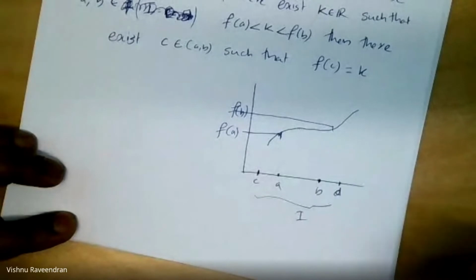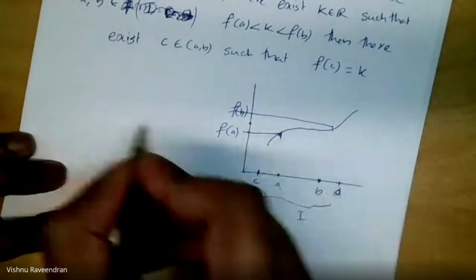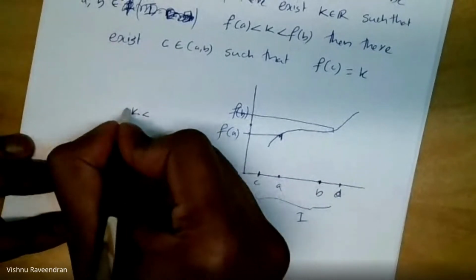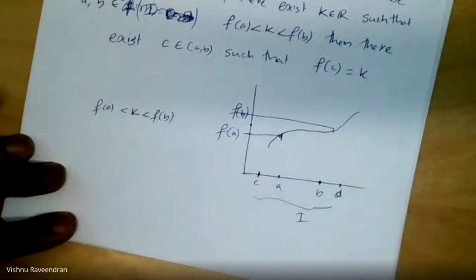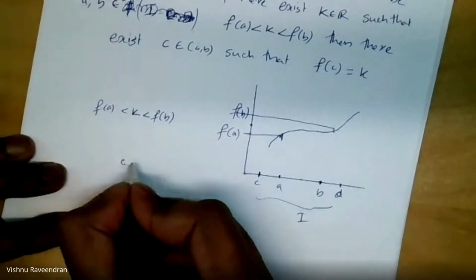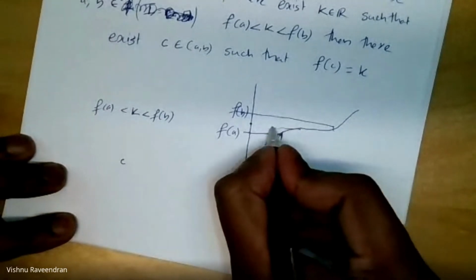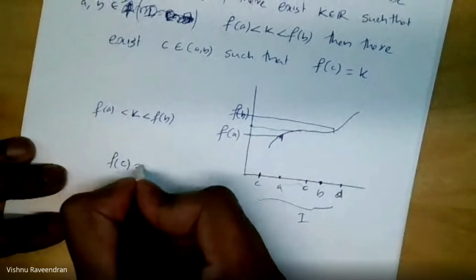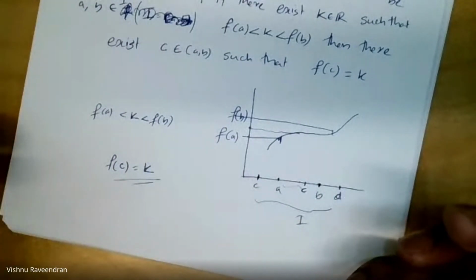Then what the theorem says is that if you have a number k such that k is between f of a and f of b, then you can always find a c between a and b such that f of c is equal to k. That's what the theorem says.